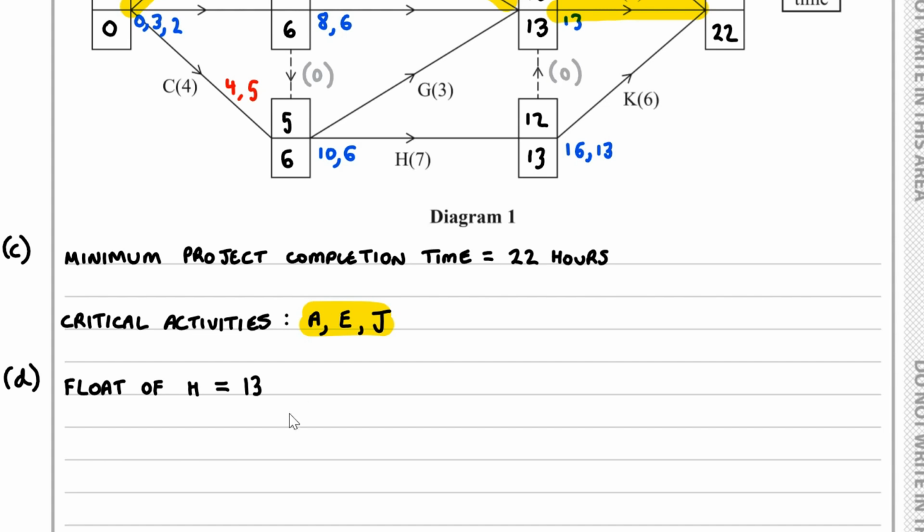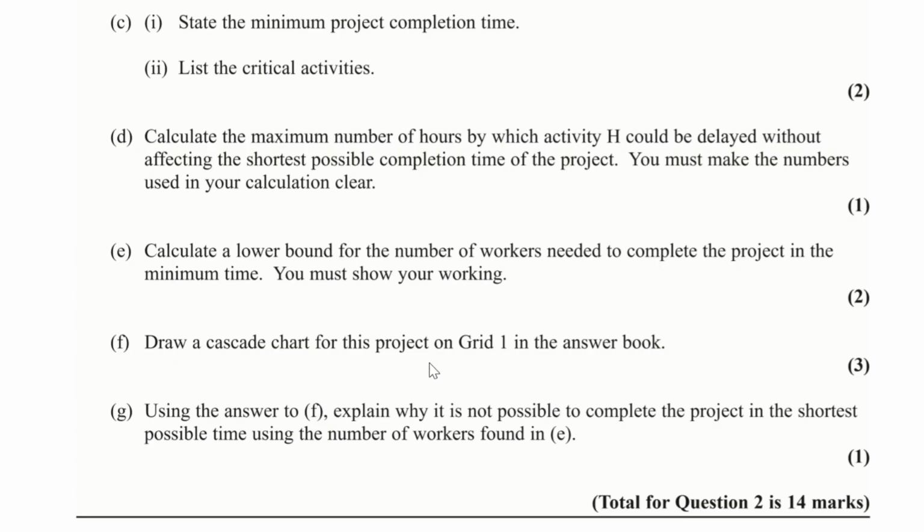We subtract off the duration, that's 7, and then we subtract off the early event time. So therefore the float, that will be equal to 1 hour.